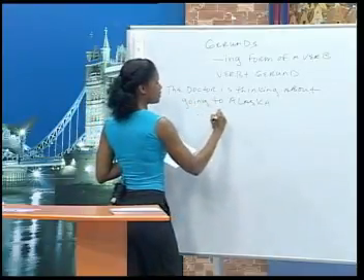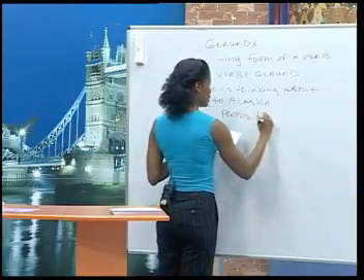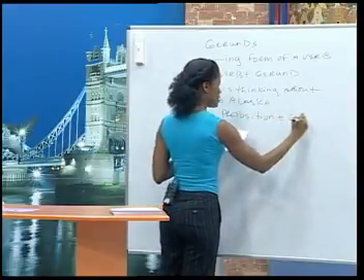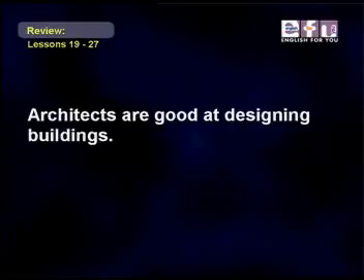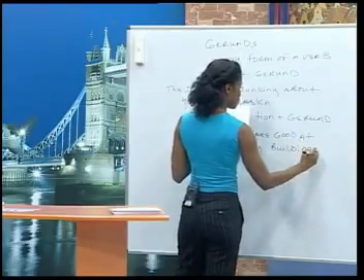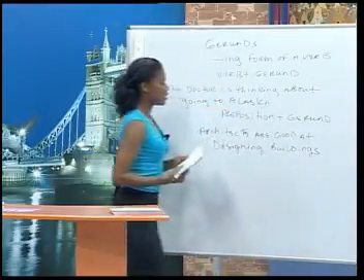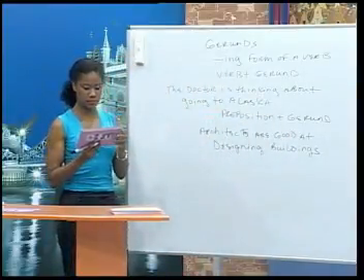Or you can have a preposition plus your gerund. Like in this sentence, architects are good at designing buildings. So here our preposition is at, followed by designing.